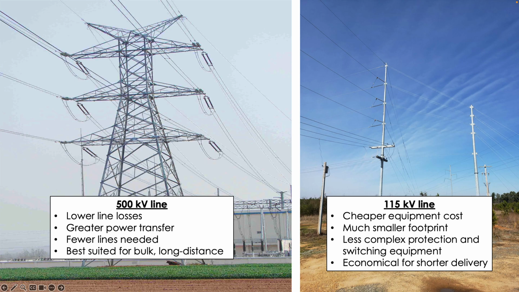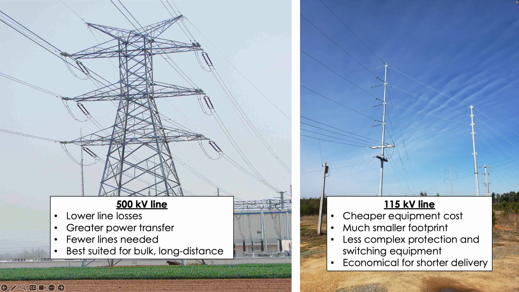So for the design and implementation of your transmission system, there are many carryovers from the way that certain entities operate, but you are also co-optimizing with what's needed, right? Do I need to have everything be a 500 kV line? Sure, the losses are going to be lower, but the cost might be higher. The equipment to even step up electricity and step it back down might be more expensive.